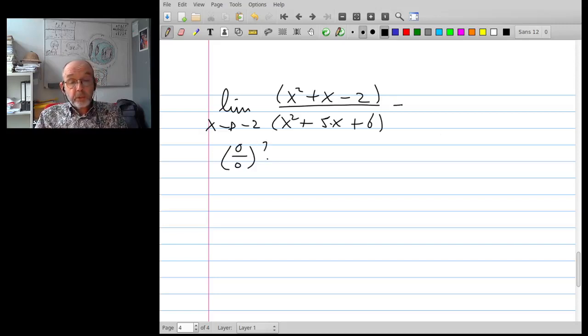And what can we do? Because we get 0 when filling in those polynomials, it means that x = -2 is a zero of both polynomials. So we can try to divide them out. Now, x minus 2, what do we need in the numerator? If we multiply by x, then we have x squared minus 2x.